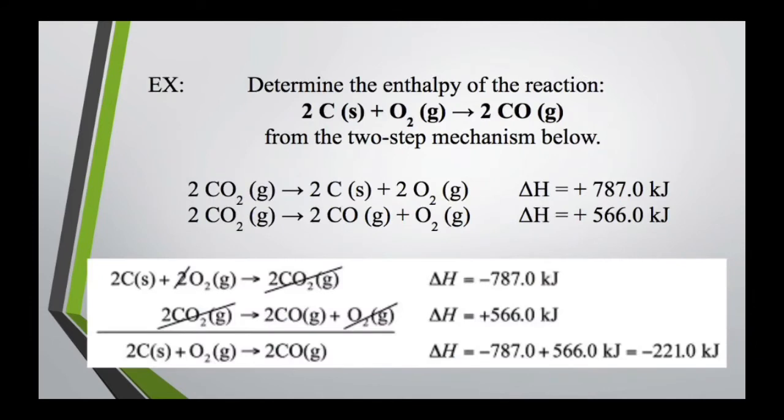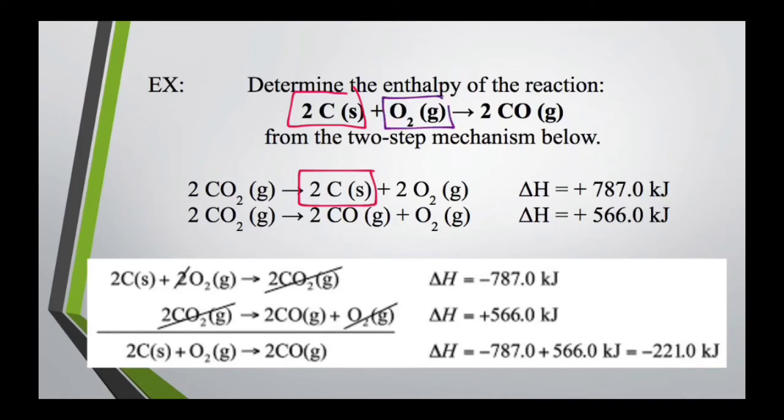So let's look at this example that I have down here at the bottom of the page. We are trying to get this overall reaction here from these two little sub-steps, sub-reactions here. And the way I go about this is by looking at each substance in my overall equation and finding it in my sub-steps.